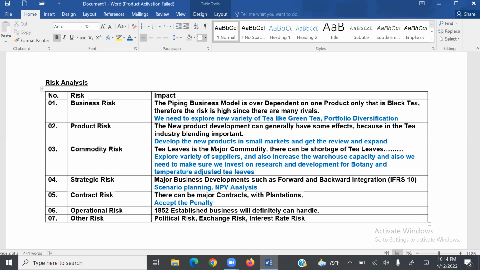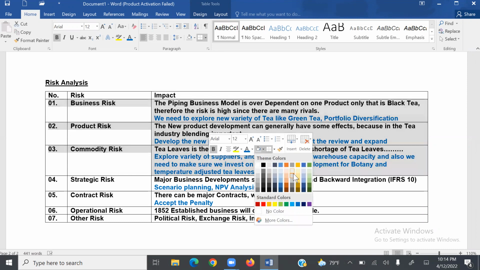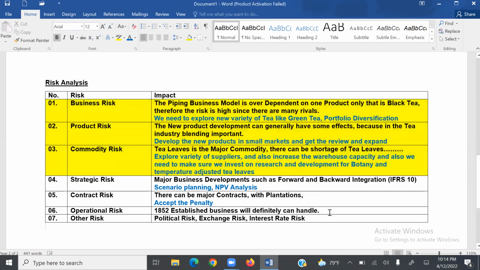The trends in the market can change. That is the idea. So students, my concern here is these three. You need to be very careful with these three. These are the major categories of risk factors that this business will generally face.